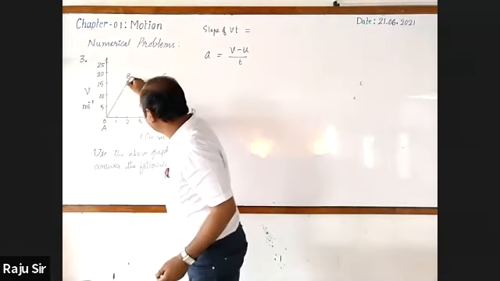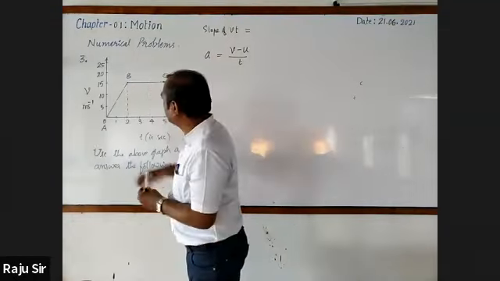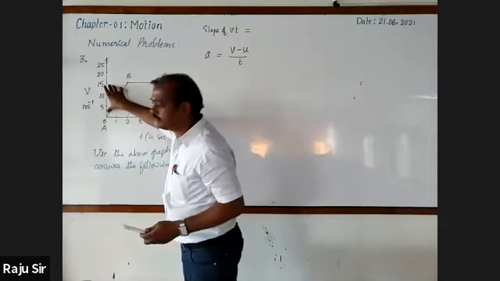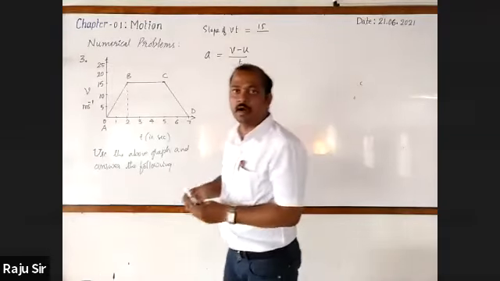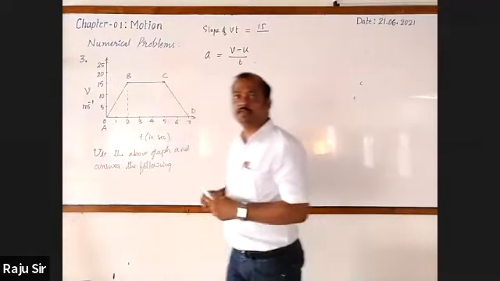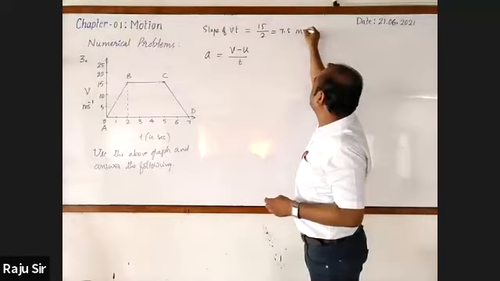In this v-t graph, vertical distance is 15 minus 0, and it is 2 seconds. So 15 by 2 is 7.5 meter per second square.